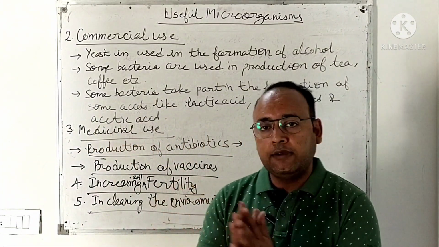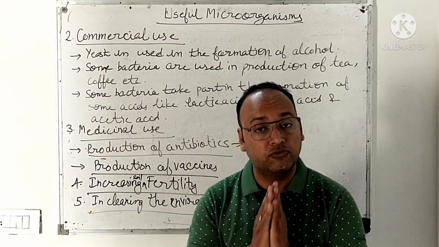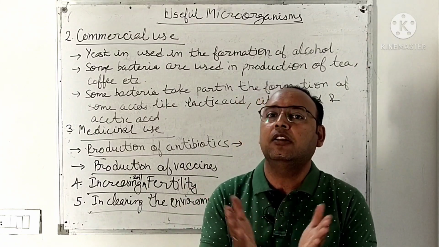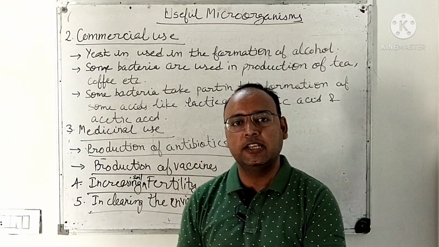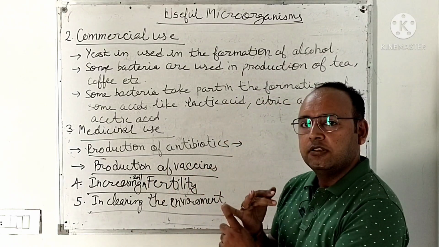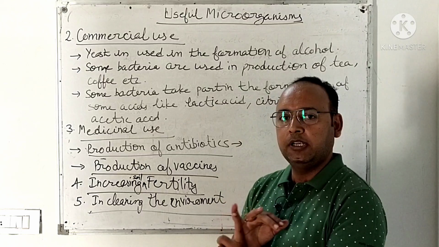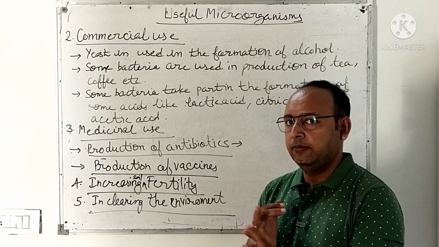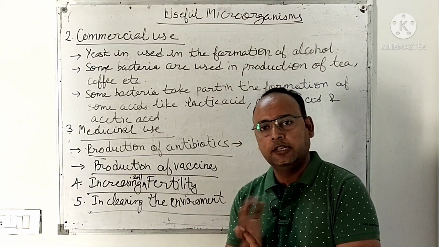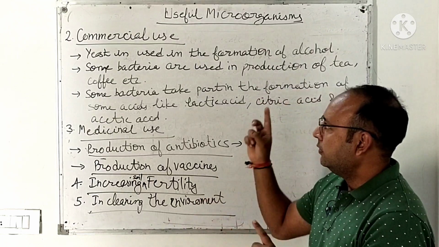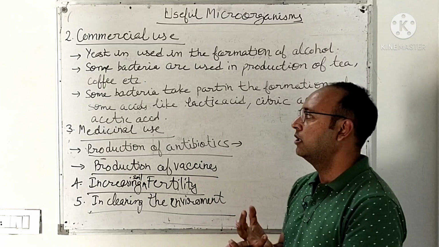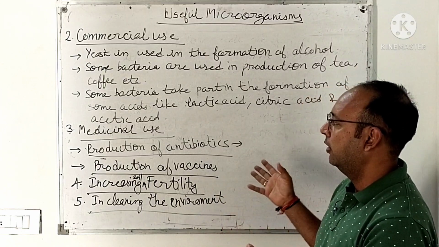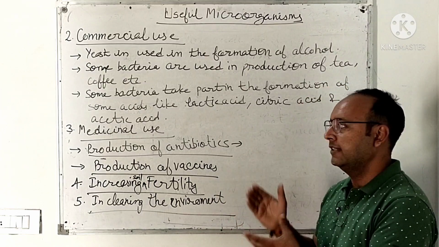So these are the 5 uses of microorganisms. That's why we say that microorganisms are our friends. Microorganisms are harmful too, which we will discuss in the next lecture. So first we discussed their use in preparing food items like bread, cakes, curd, right? Then commercial use in the formation of beer, alcohols, and bacteria also take part in the formation of some acids like lactic acid.